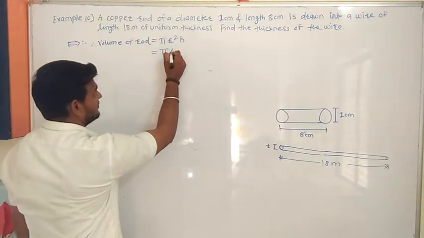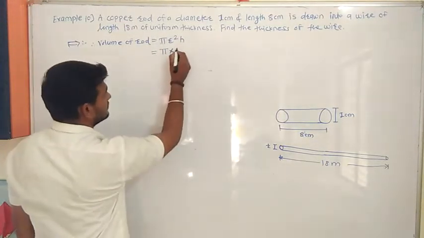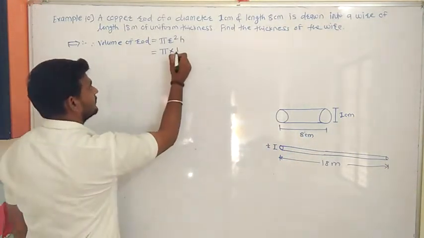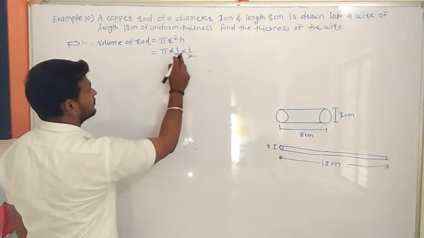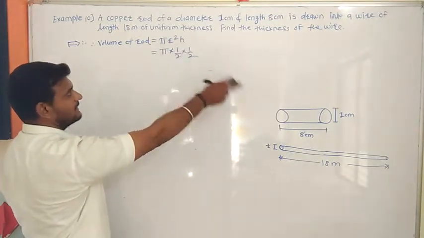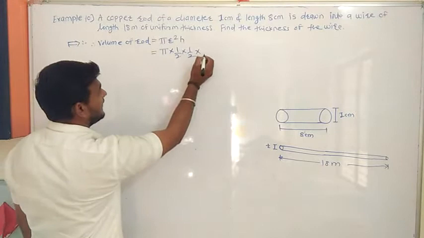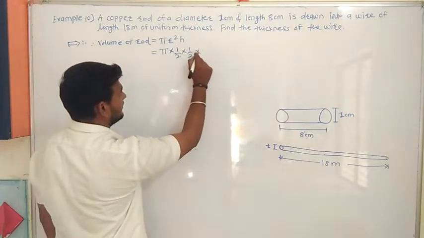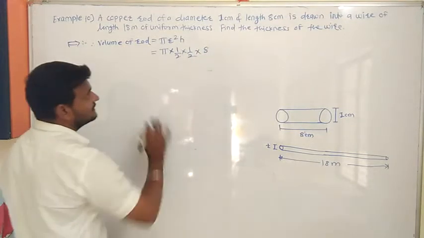Pi into r square. What is the radius? The diameter is 1 centimeter, then the radius will become 1 by 2. 1 by 2 into 1 by 2, because the diameter is 1 and the radius is 1 by 2. Into height. Height is this much distance, that is length. 8 centimeter is the distance.